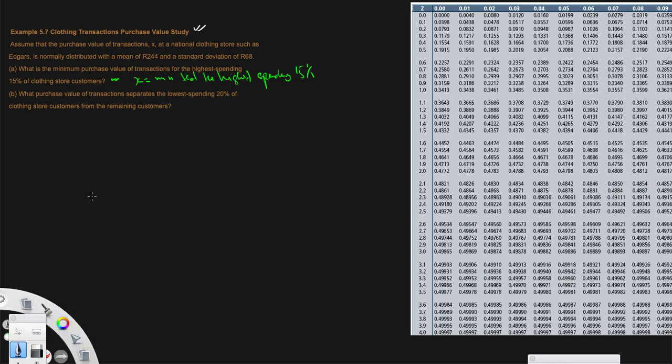First thing is always sketching, because it gives you a better idea of what you are looking for. If the mean here is 244, and we are looking for our x here, which is also our k.